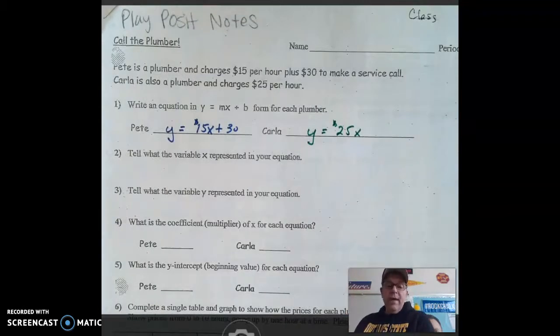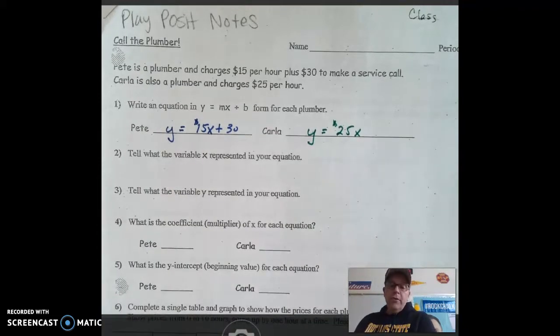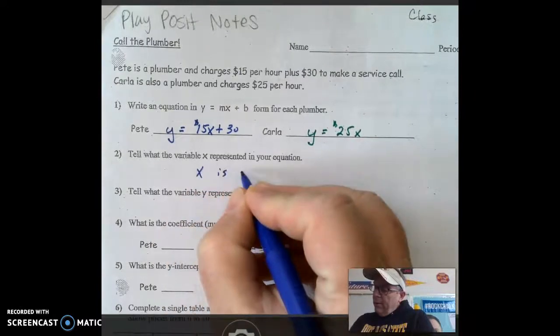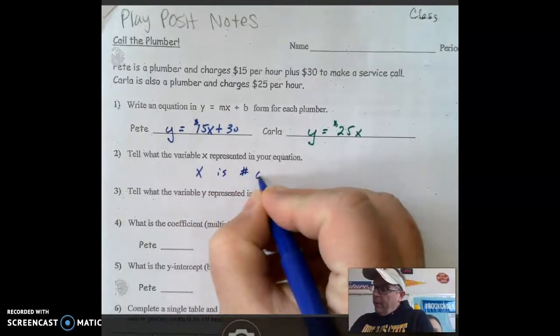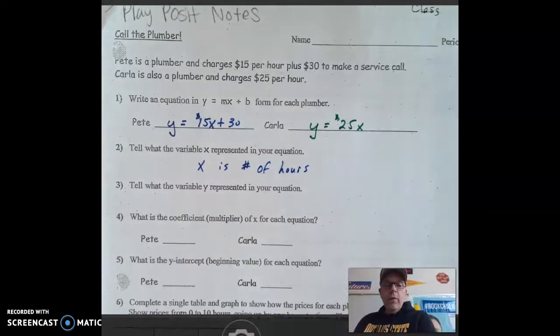Tell what the x variable represents in your equation. Well, the good news is for both of us, it represents the same thing. So x is the number of hours. Tell what the y variable represents in our equation.